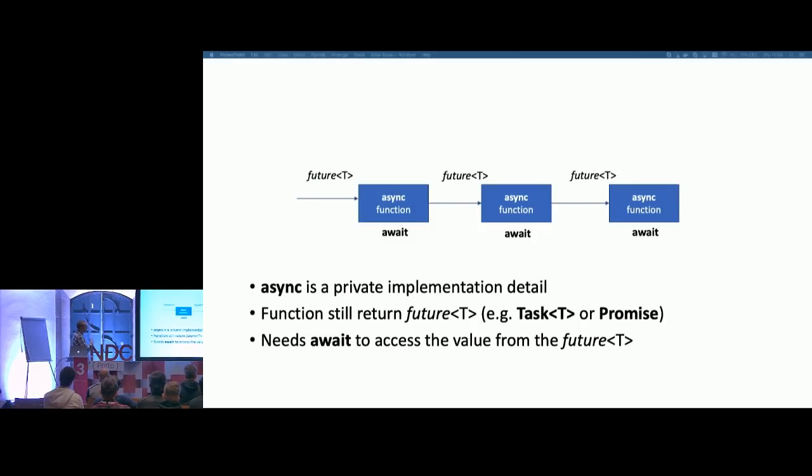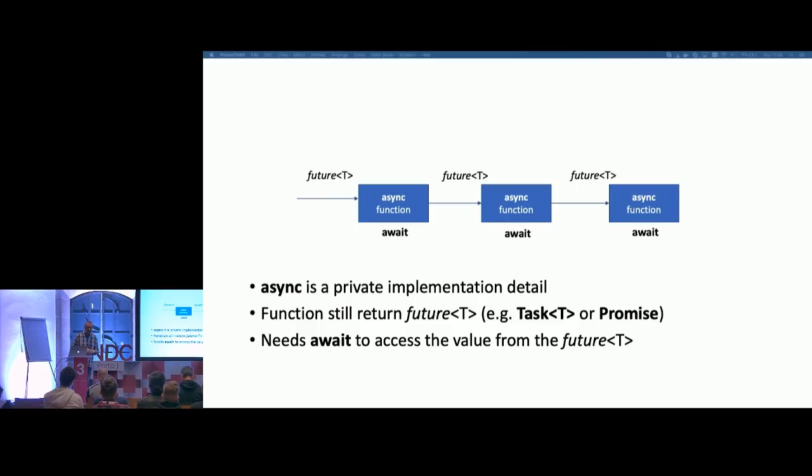So when I'm using async-await, each function still returns a future. However, the calling function can use await to convert the future into the value that is represented by the future. And the async is a private implementation detail.